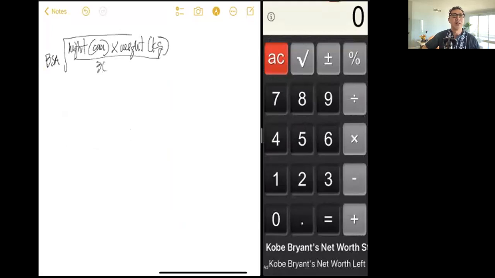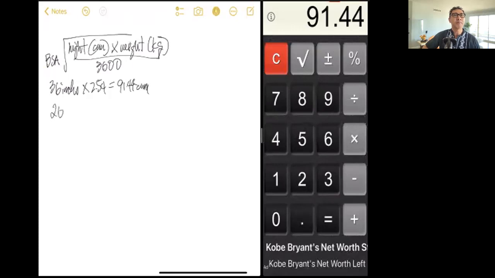Body surface area equals the square root of height times weight over 3,600. I have 36 inches. I have to convert that into centimeters. Multiply it by 2.54, and I have 91.44 centimeters.